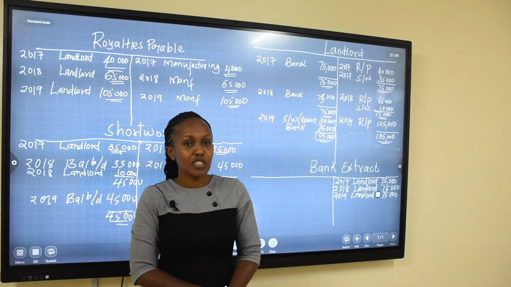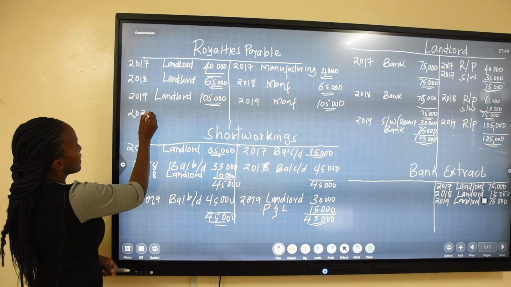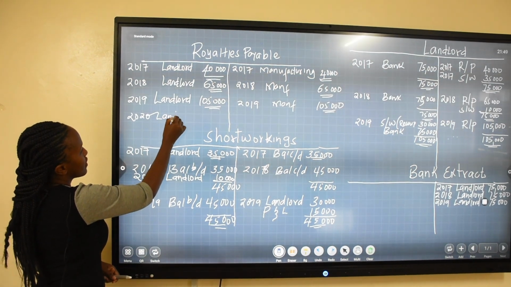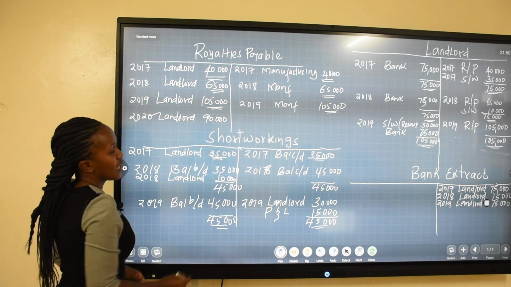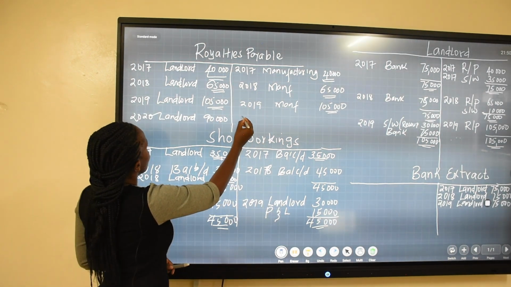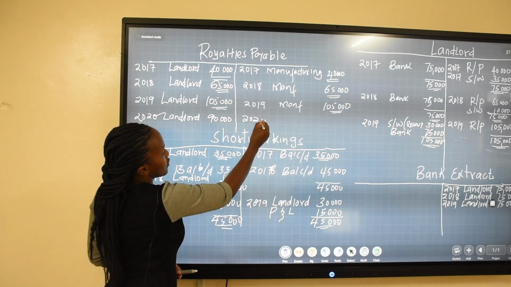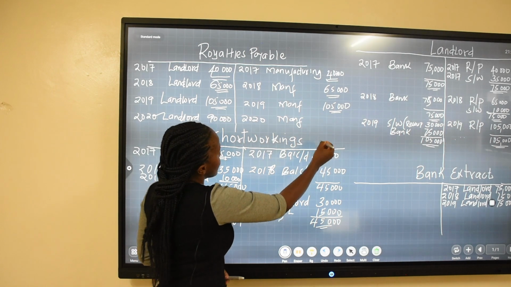So we are going to say in 2020, the landlord should be paid 90,000. Now that we know what we are going to do at the end of the year, we can still even write this off to manufacturing as soon as now to avoid coming back here later. We can write off this to manufacturing, 90,000.